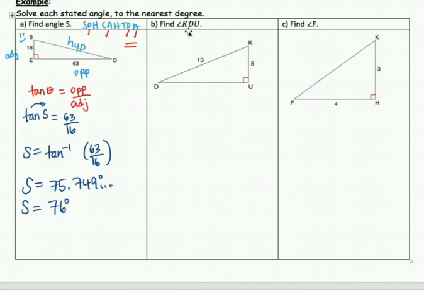If I ever say find angle KDU, it just means start with K, go to D, go to U. So that shape there, where is the angle? Right here. The angle is sandwiched between K and U, right? So if you were to trace that out, that's the angle it just made. So we need to find essentially angle D.